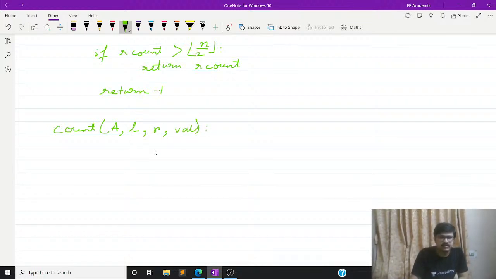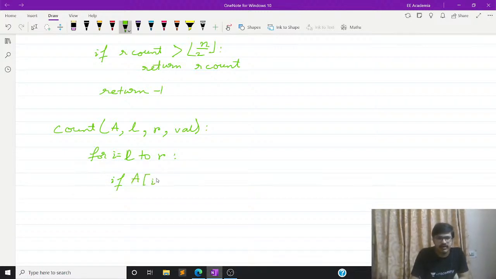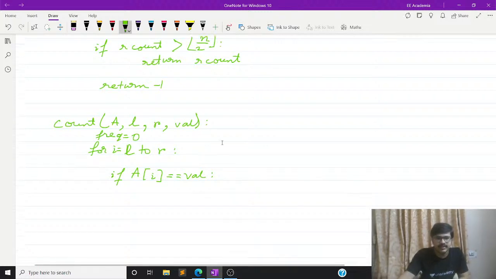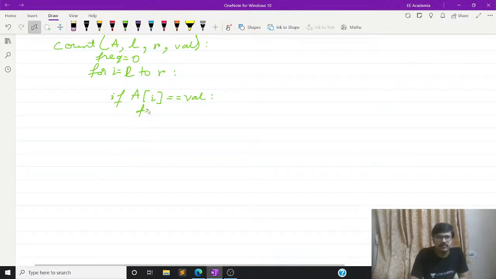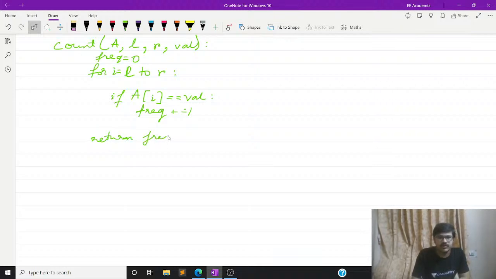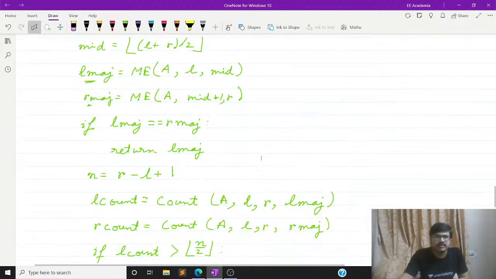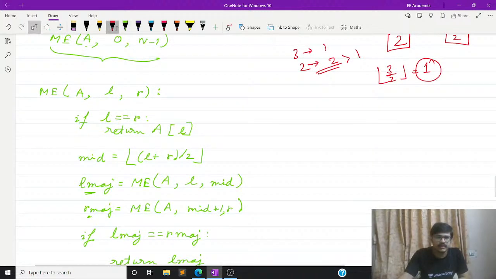Just iterate from L to R. If A of I equals val, you keep a counter called frequency and update this variable. Simply return the frequency. So it just counts the frequency of that element in the array, nothing else. Pretty simple function.